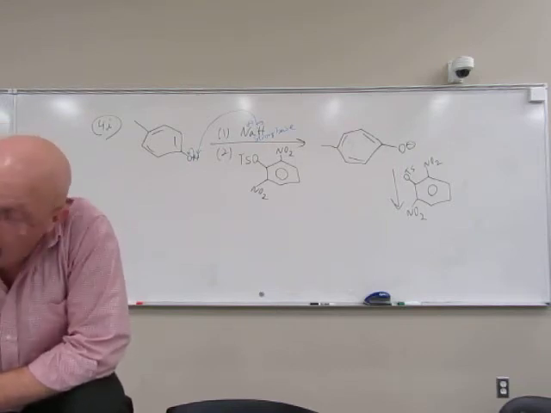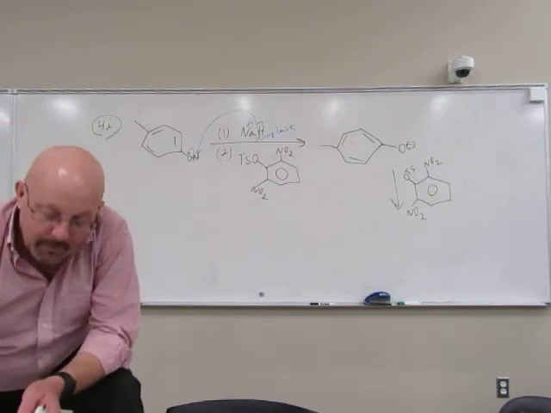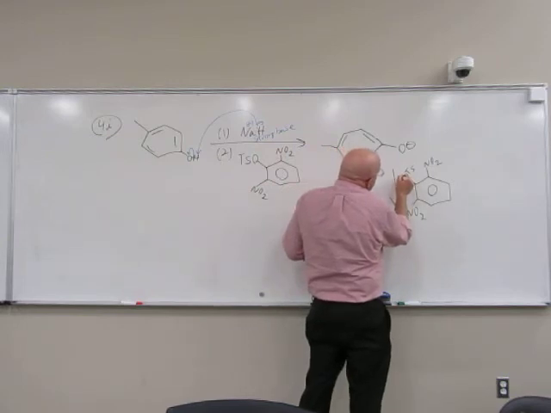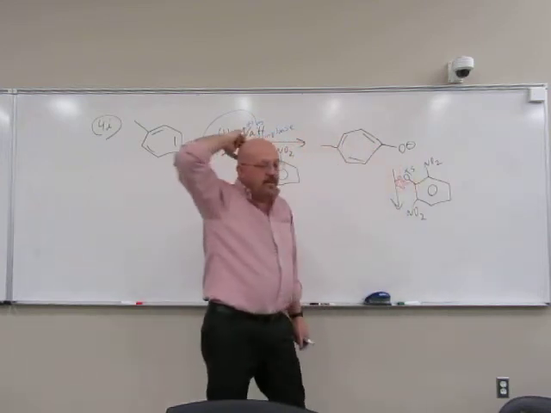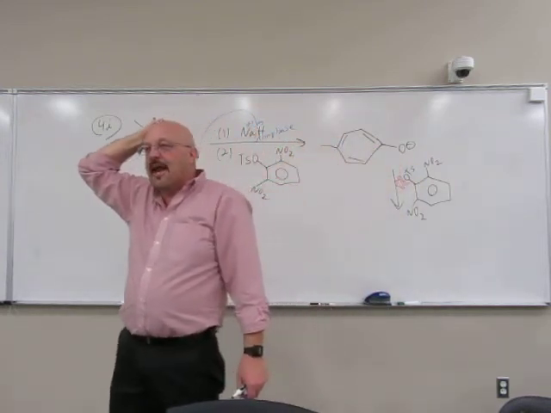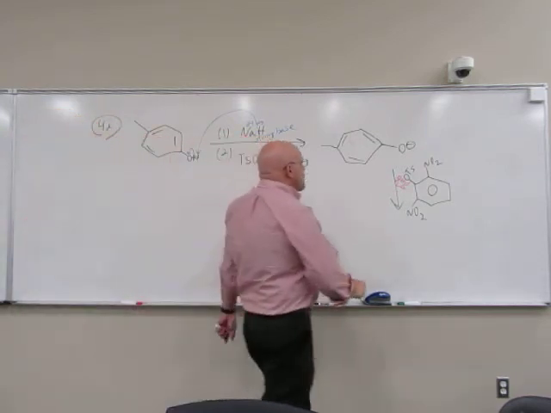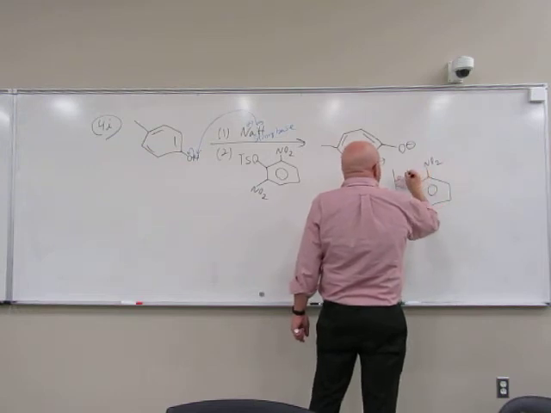We have two nitro groups that are ortho to a very good leaving group. We said that with a tosylate, mesylate, or triflate, they are just as good as an iodide. So if you want to pretend that's an iodide, that's fine.